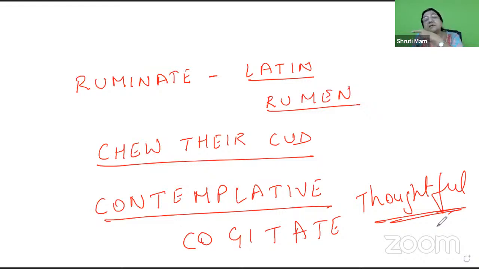So sarcasm, tear the flesh apart. Ruminate, from the stomach. Again, bring your food back. Chew their cud. So contemplative, cogitating, a thoughtful process. It can also be where the author goes into a deep thought. That is where it is ruminating.